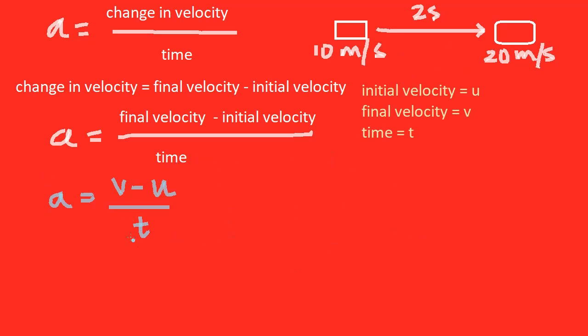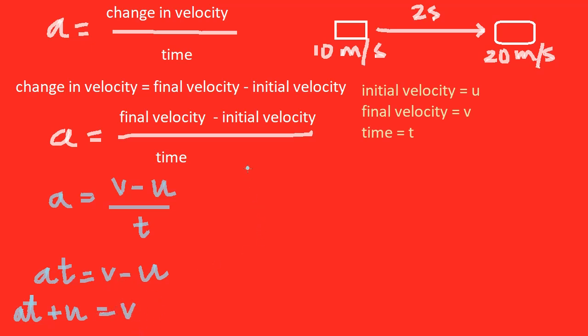Now if we multiply t with a, we get at, and on the right hand side we have v minus u. If we take u to the other side, which is actually a negative value, it becomes a positive value, and then we have at plus u, and that will be equal to v.